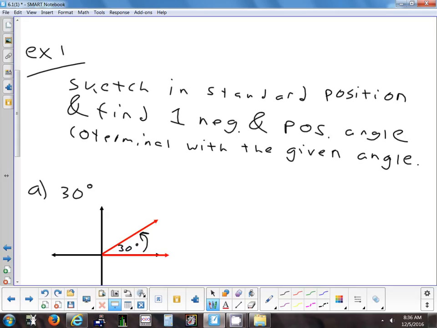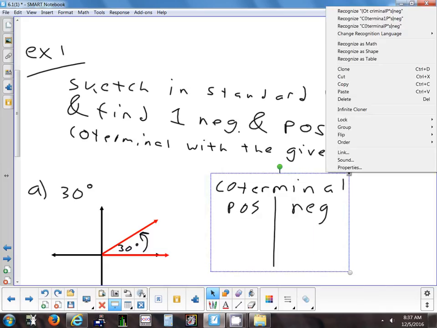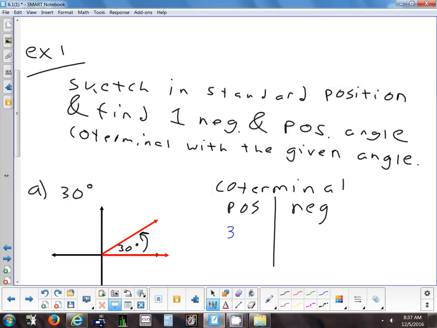Okay, rotating counterclockwise. And now, what would be an angle that's coterminal? Let's start with one that's positive. Yeah, what'd you say, Trevor? Yeah, 390. So 390 is coterminal with 30 and positive. How about an angle that's coterminal and negative?